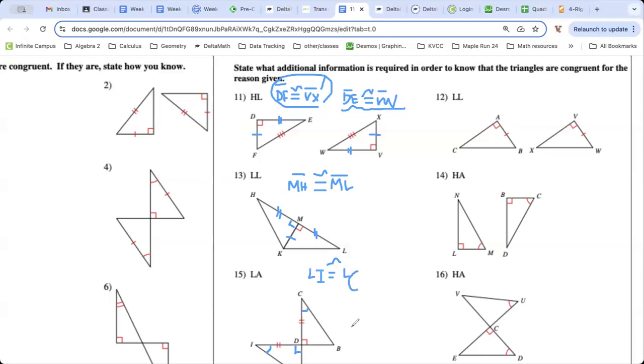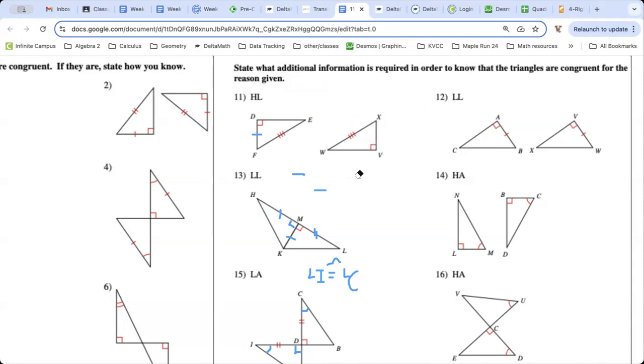Or you can say the other pair of angles. Once you say this, it fits the bill: a pair of legs and a pair of non-90-degree angles are congruent. So that's concrete proof that those two right triangles are congruent.